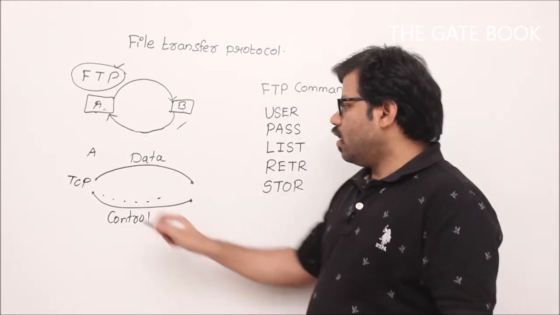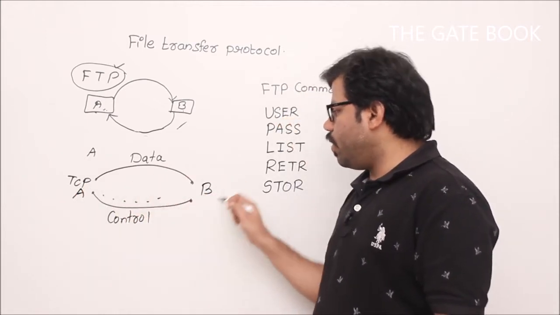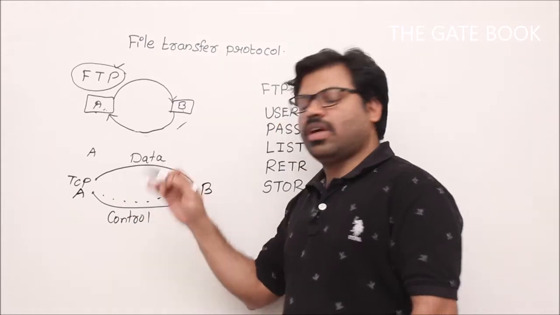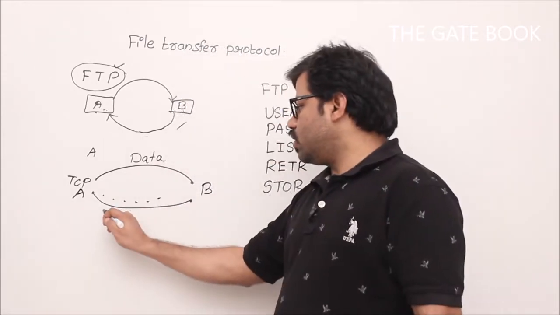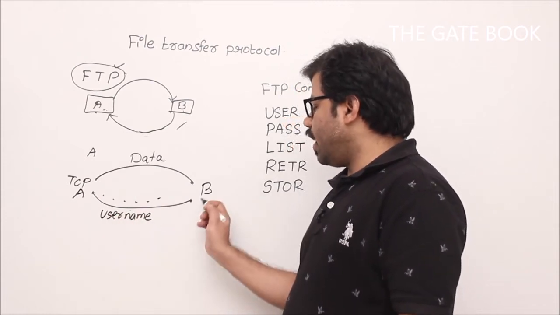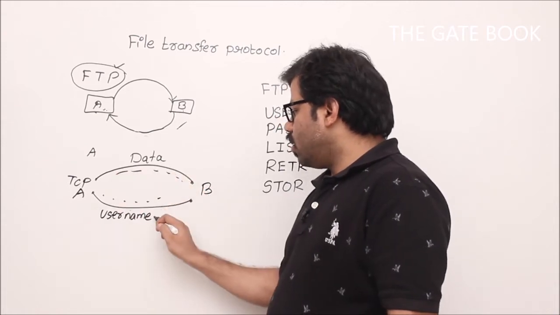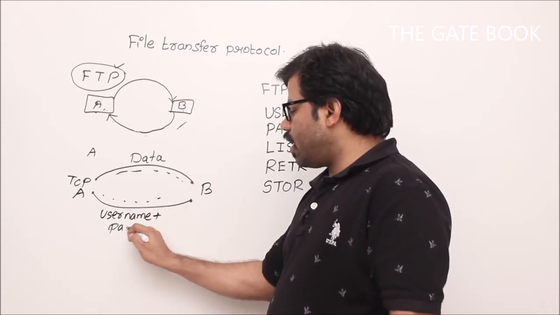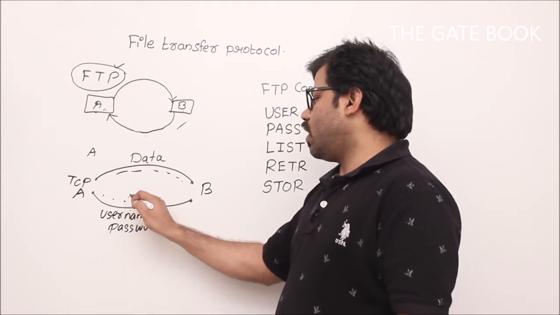So when A wants to access a file of B, they have to exchange some control information. A first sends his username and password, and that will be exchanged through a connection called the control connection.